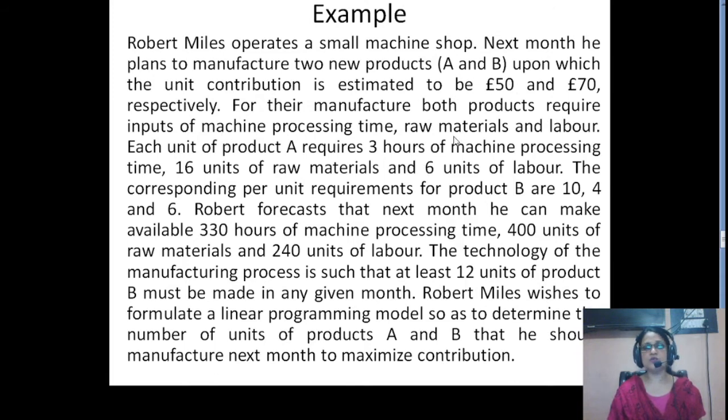These two products use three types of inputs, one in the name of machine processing time, then raw materials and labor, right? So these are the three constraints. Along with that, we have another condition where we have to produce at least 12 units of product B, right? So these are the four conditions under which you have to maximize your objective function, right?